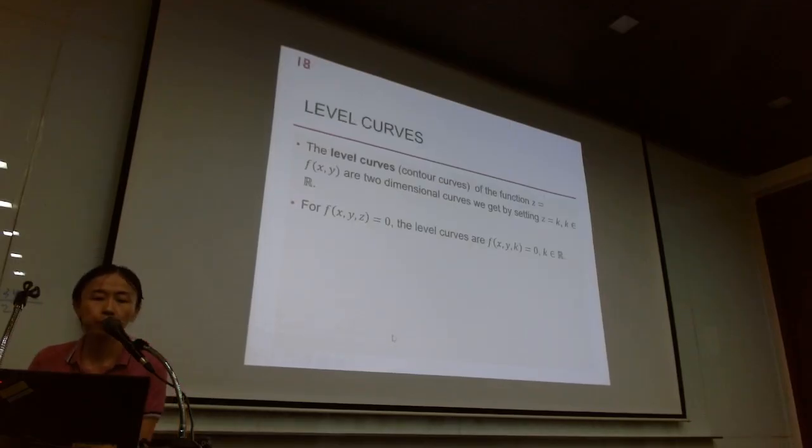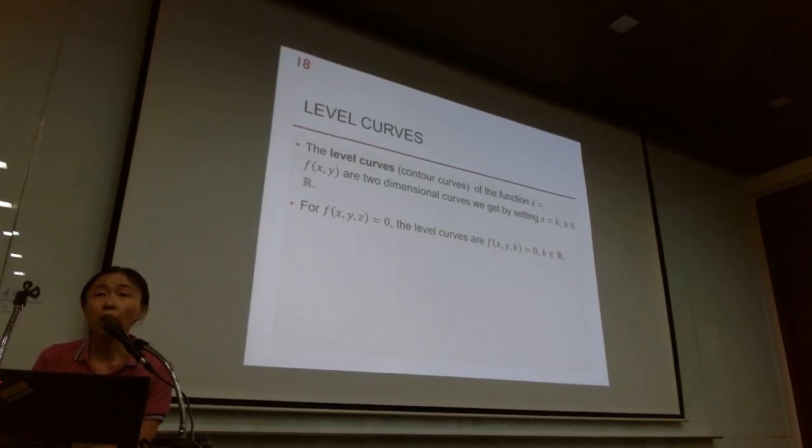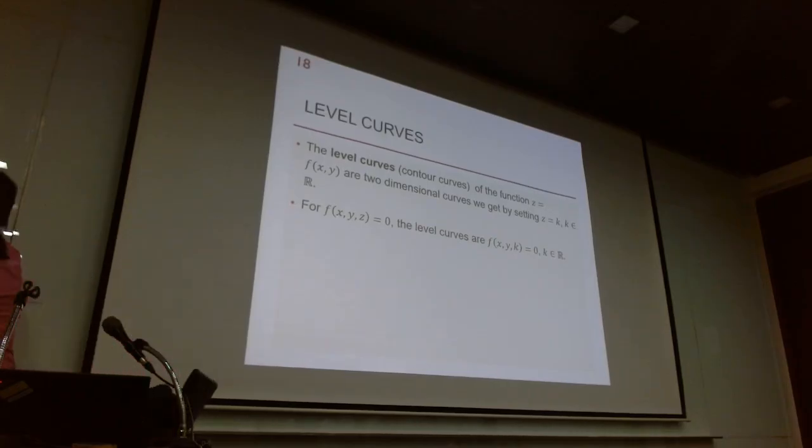Then, as we say, you have domain, then you have range. In this one we have something called level curve. I think you learned from the map, right? If you show the height of a mountain, when someone draws a map, she will draw something like this.